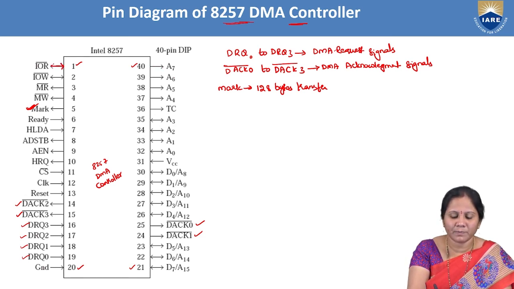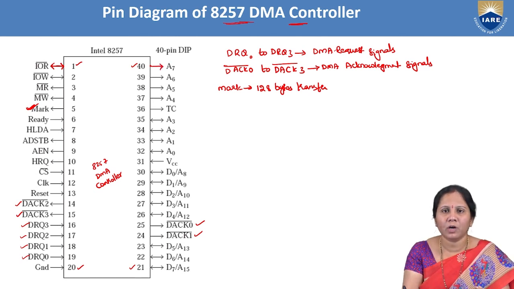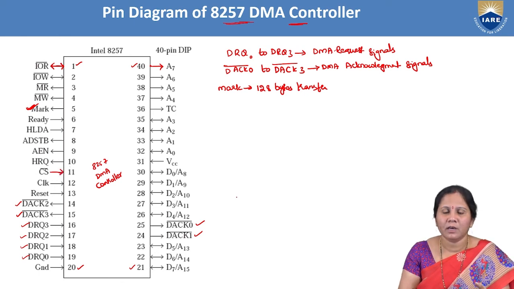Some of the signals represent the direction like this, so those are bidirectional signals. Some signals are directed outwards, so they are output signals for this DMA controller. And some of the signals are inputs for this DMA controller.